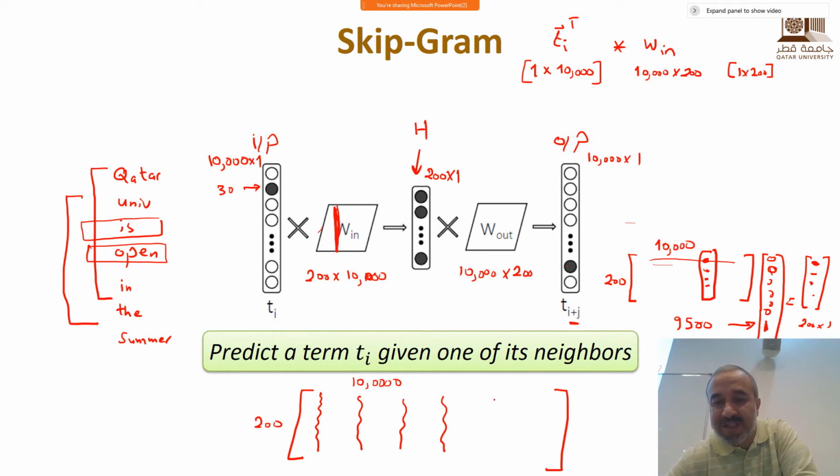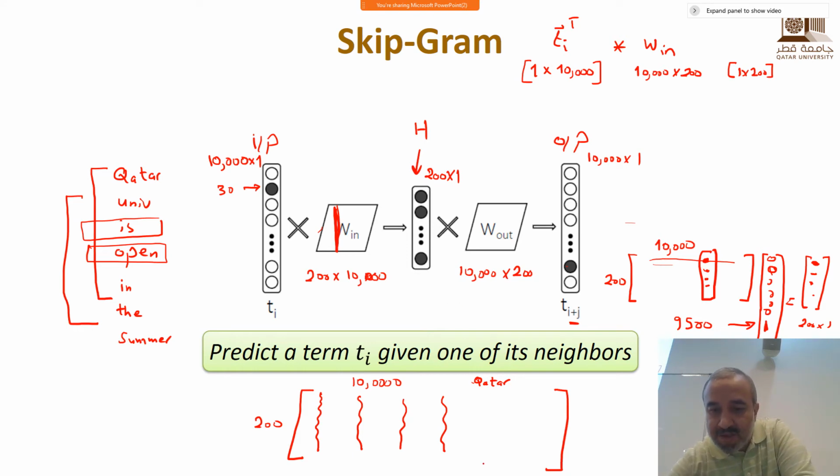So here's an example. Let's say that this is for Qatar. Qatar is number 9,000. The one-hot representation of it is a vector of all zeros except one in the dimension of 9,000.